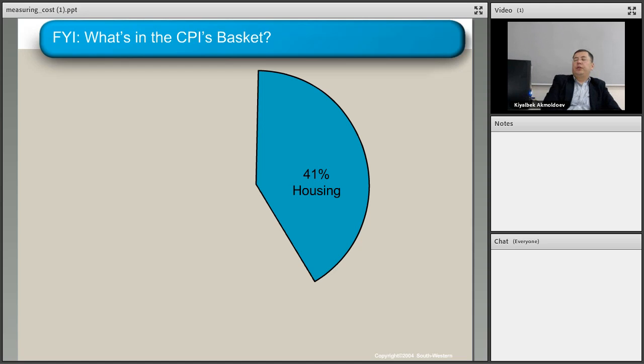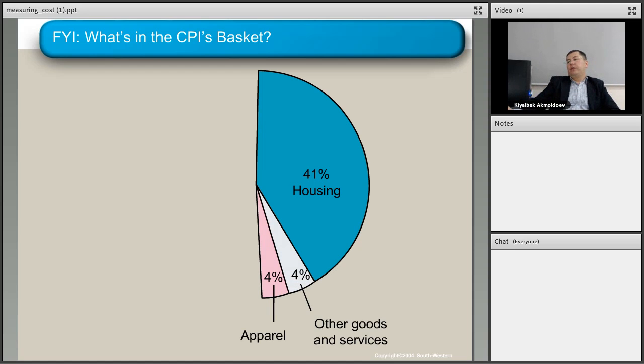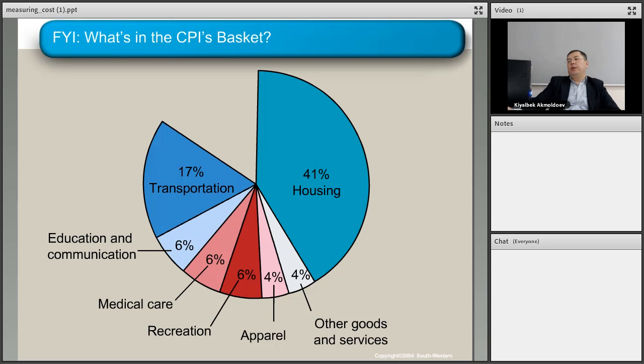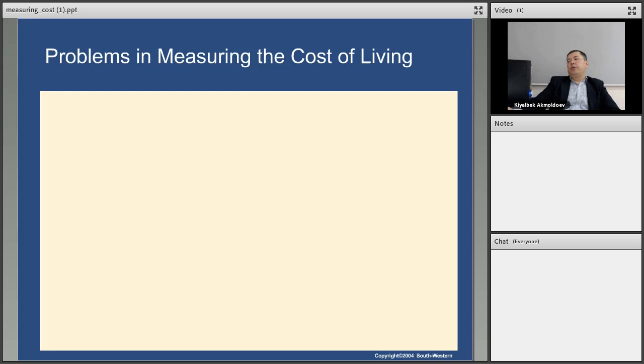So 41% of the society are spending money for housing. Second one, other goods. Third one, apparel. Next one, recreation, 6%; medical care, 6%; education, 70%; transportation, and mostly food and beverage at 16%.